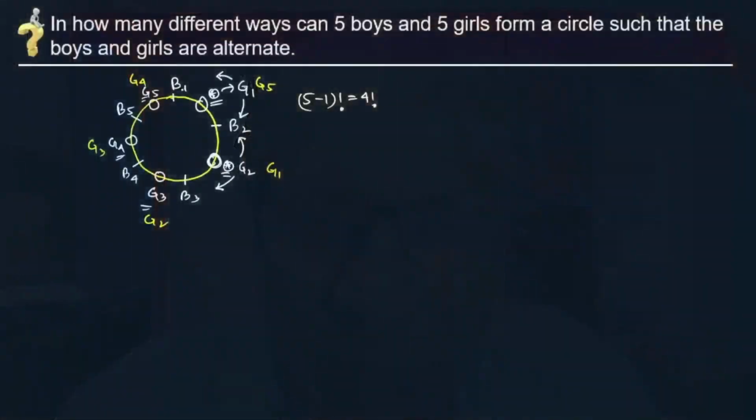Is this arrangement the same as the previous arrangement? No. Why? Because in the previous arrangement, on the right side of G1 was B1 and on the left side was B2. But in the second case, on the right side of G1 we have B2 and on the left side we have B3. So these two are different arrangements.